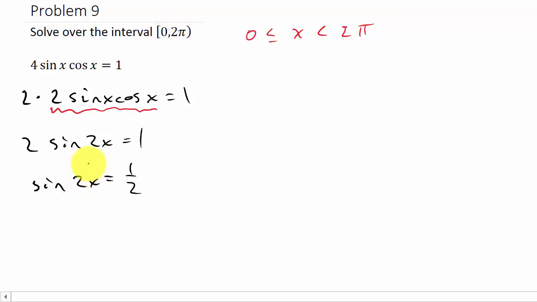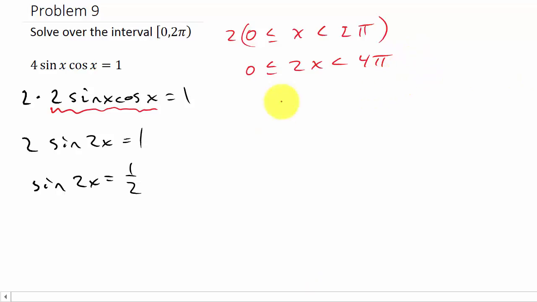What do we have? We have 2x. So I would need to multiply all of these by 2. So there's my 2x, and there's my 2x. So I need to find all the solutions between 0 and 4 pi.